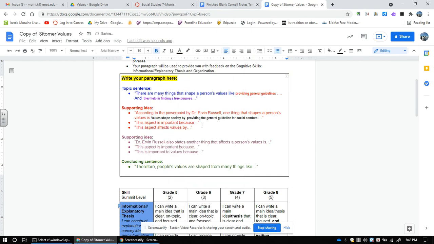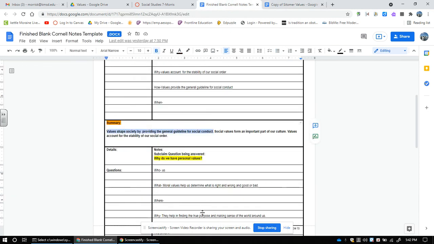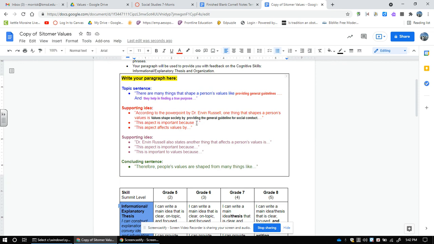Paste. And now I do the next thing for the second sentence. I go back here, I grab my second sentence, copy, I go here, and I paste.